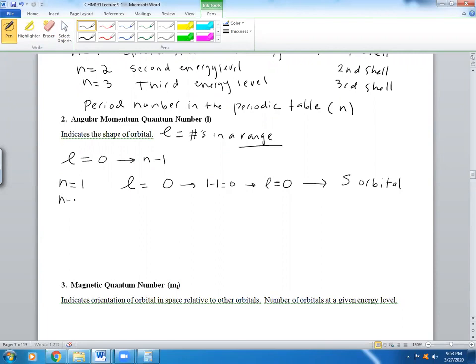If I have n equals 2, L now has to be from 0 to n minus 1. Well, n is 2, so it's going to be from 0 to 1. 2 minus 1 is 1. So therefore, L can be 0 and 1.